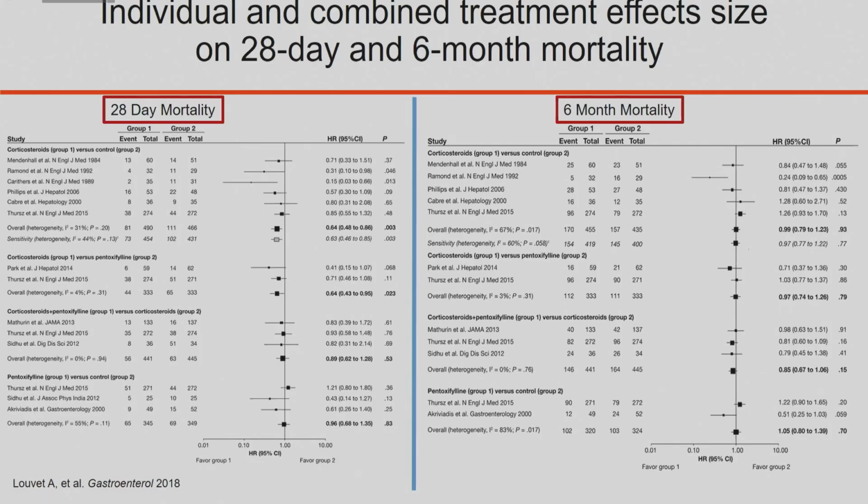Wonderful. So here's the data looking at 28-day mortality and 6-month mortality with prednisolone. You do see an improvement with corticosteroids versus the control group and pentoxifylline. Unfortunately, despite the positive effects of prednisolone at 28 days, this doesn't translate to 6-month mortality.